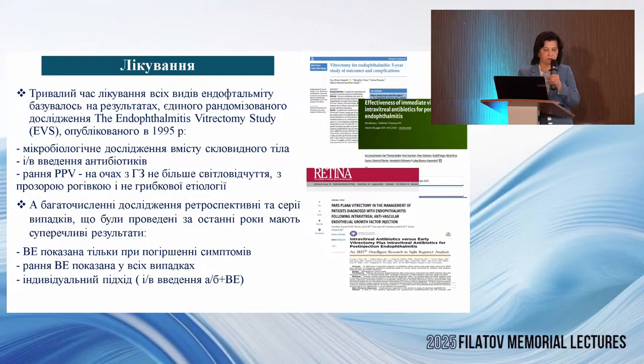For a long time, treatment of all types of endophthalmitis was based on the results of the 1995 report. This report was randomized. It was dedicated to the role of vitrectomy.